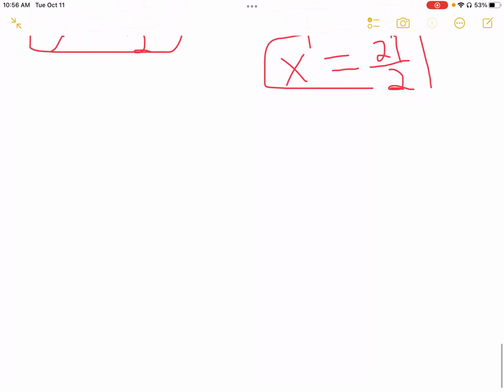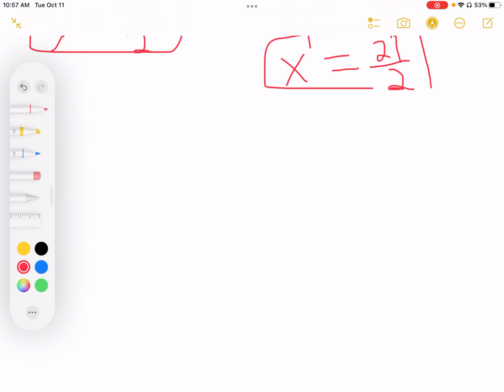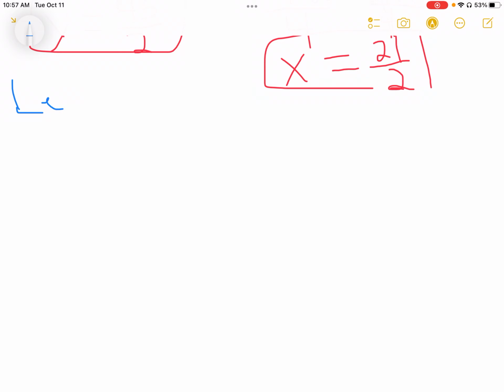Okay, so lesson 25 here. So lesson 25 is about factoring and cancellation.